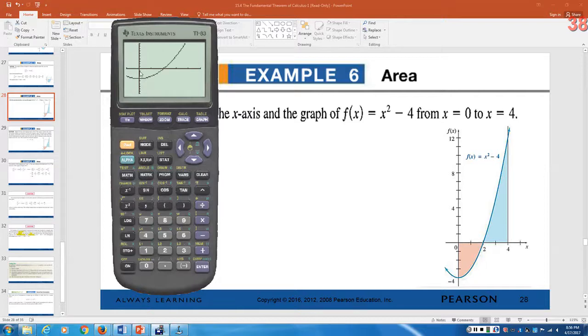So what I'm seeing here is there's a little bit of area below the x-axis, and then there's going to be a whole bunch of area above the x-axis. So what I probably want to do is make it taller for one thing, so that I can see all of it.